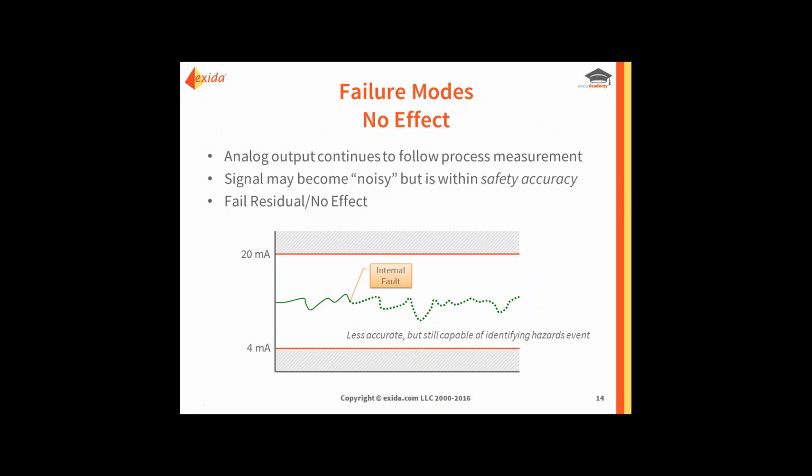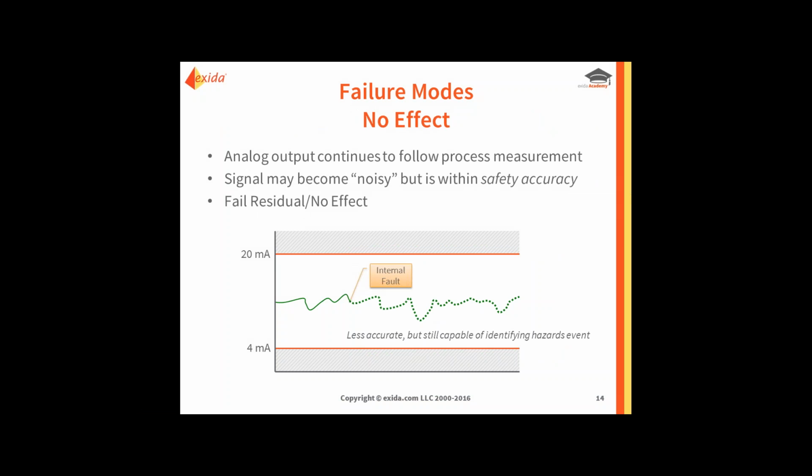And then finally, we may have failure modes that simply have no impact or no effect on the transmitter's output to perform or to communicate a particular process value. But maybe the occurrence of that failure may result in a noisy signal. So that's what I try to represent with the dotted line, a more choppy, noisy signal.